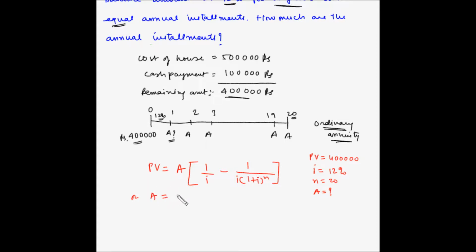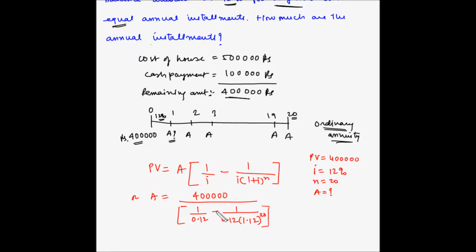So A is equal to 4 lakh divided by 1 divided by I, which is 0.12, minus 1 divided by 0.12 into 1.12, so 1 plus 0.12 is 1.12 to the power n, which is 20.